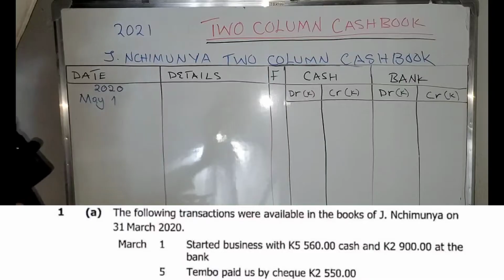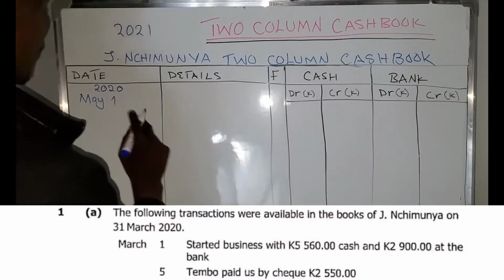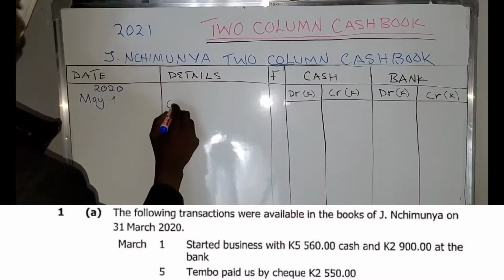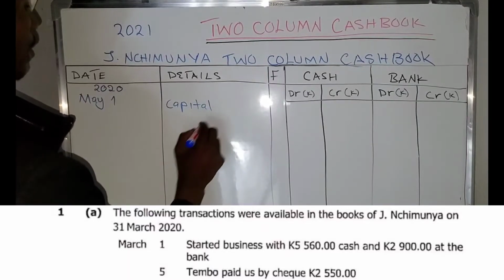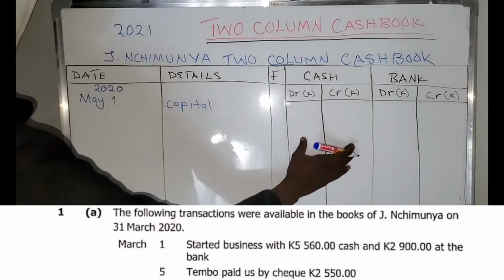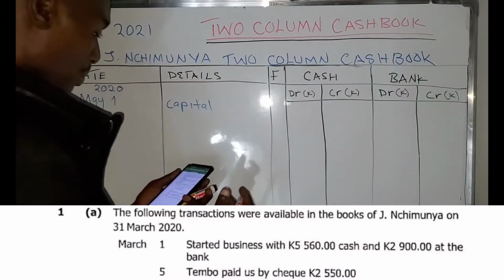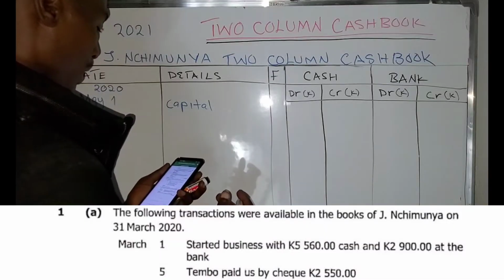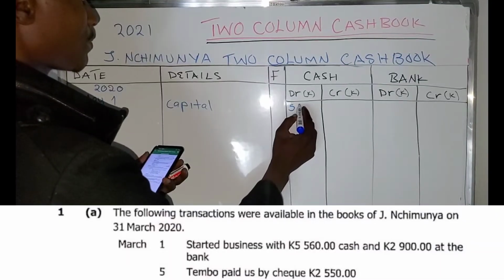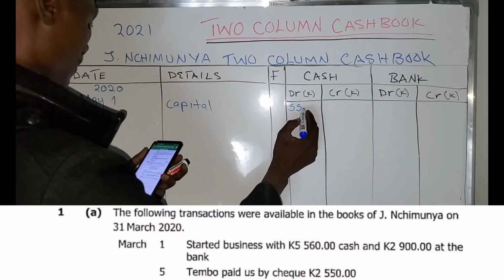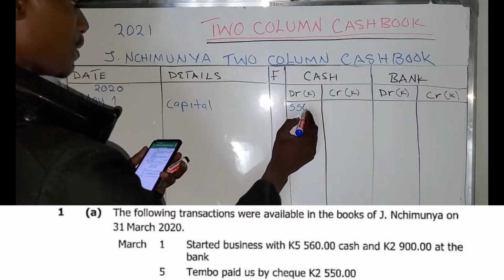So what do you call the money used to start up a business? This is called capital. So here in the details column, we're going to write capital. Then in the cash account, capital always has the debit balance in the cash book. So we're going to debit cash with 5,560 here.